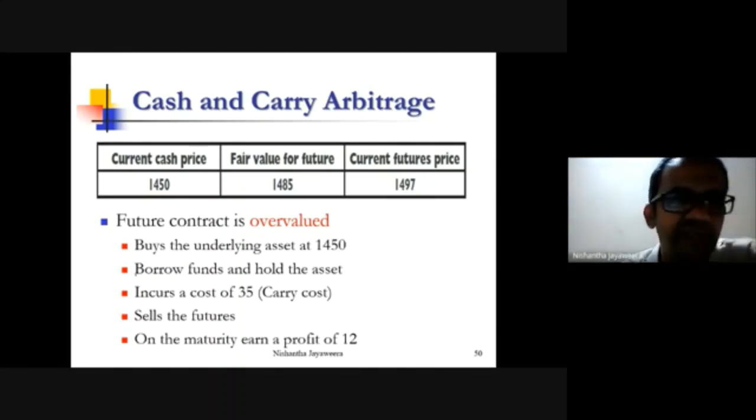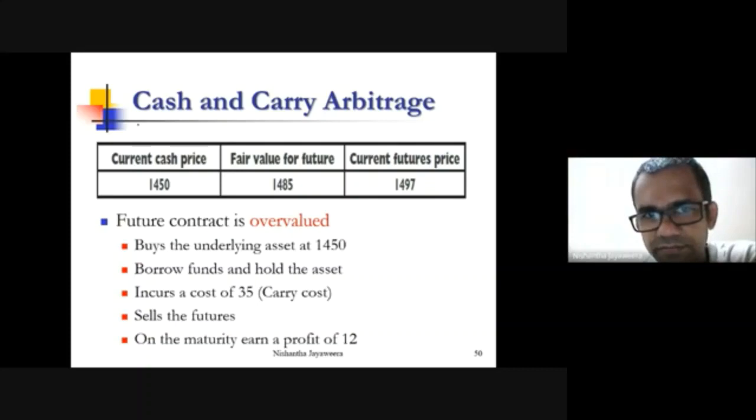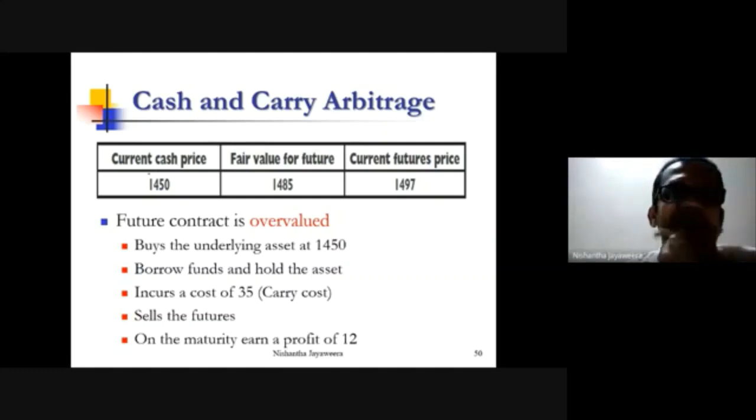So this is another example. If you don't have any questions, I went back to the slide that I skipped under cash and carry arbitrage. You can see the current cash price, say of a stock index, is 1,450. Fair value of the future is 1,485. Current futures price is 1,497.